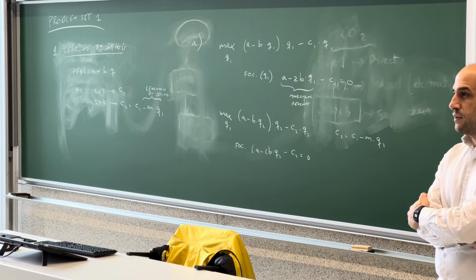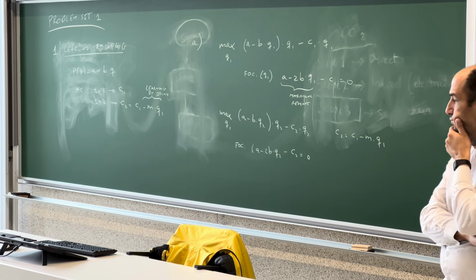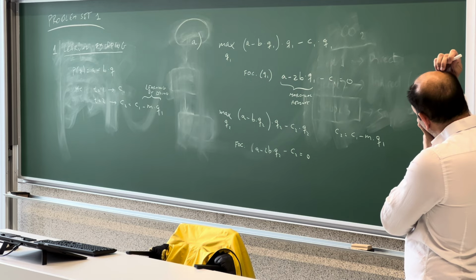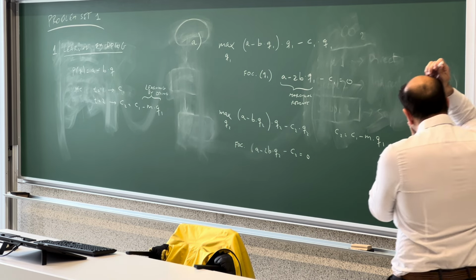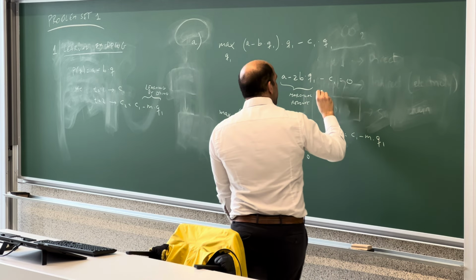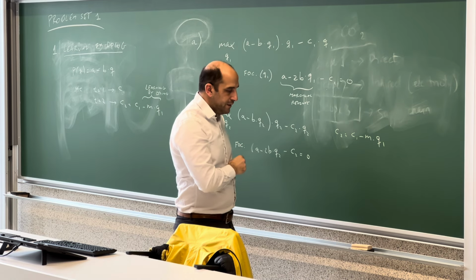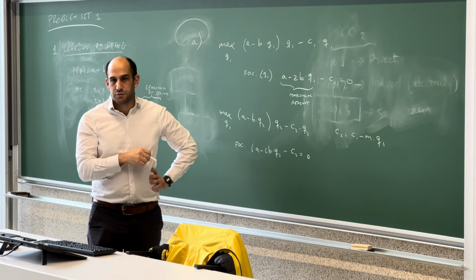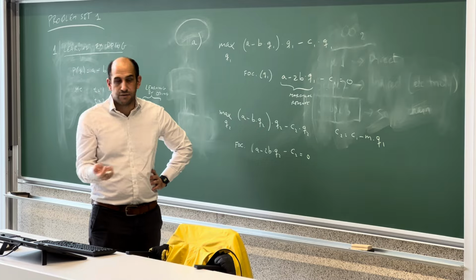Yeah, I think we will, because then it makes sense with the rest. We solve it this way, and then we do it by backward induction, and let's see if it's the same.